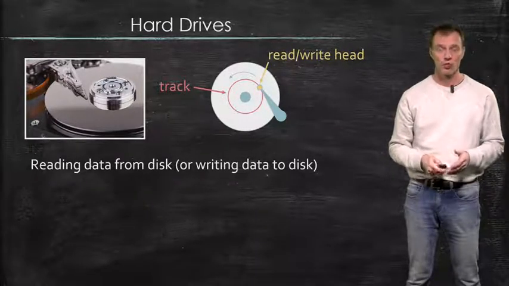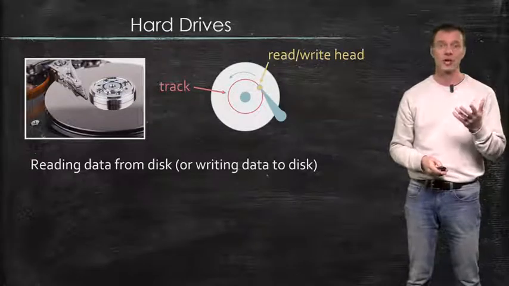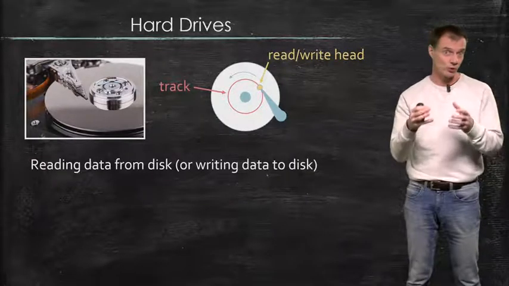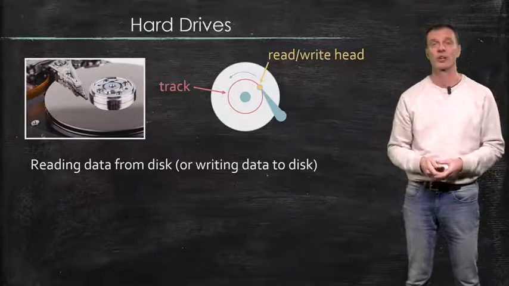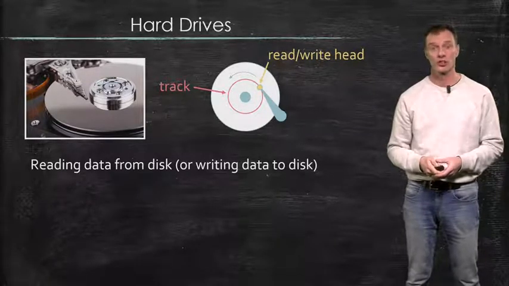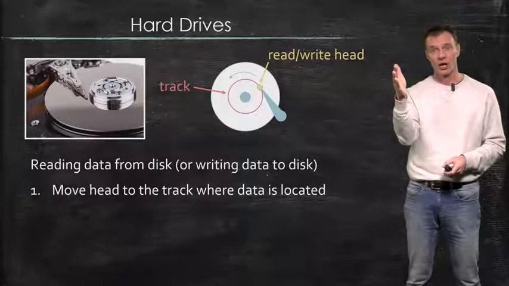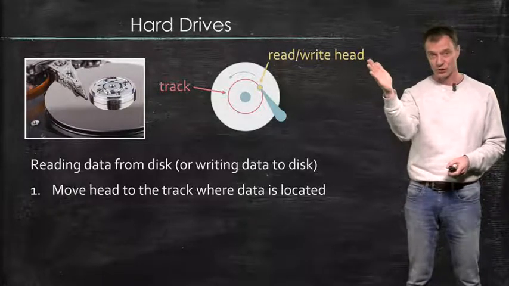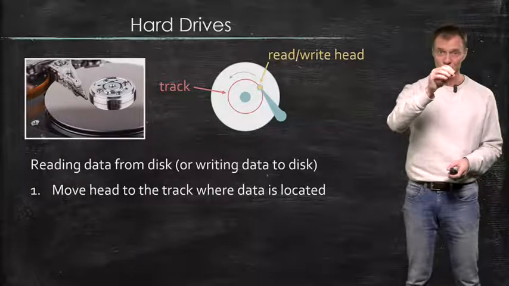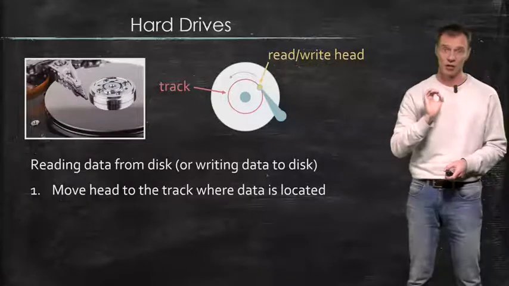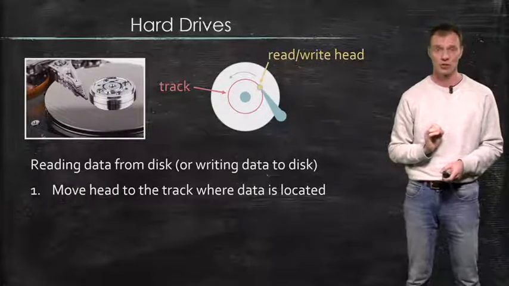Okay? So what does it mean when you have to read some data item from the disk, or maybe write a data item to a particular position on the disk? What do you have to do? Well, first of all, you have to move the head, so it rotates until the head is on top of the track that contains the data element that you need.